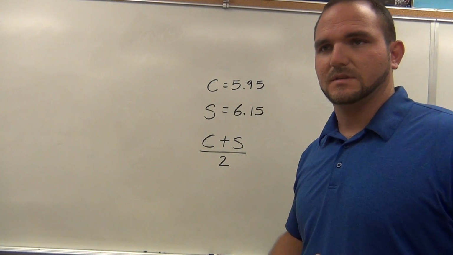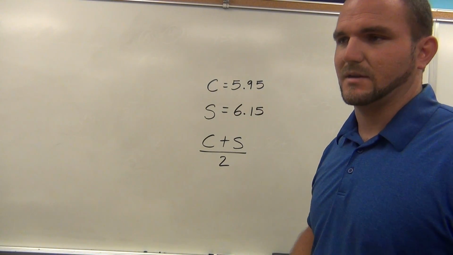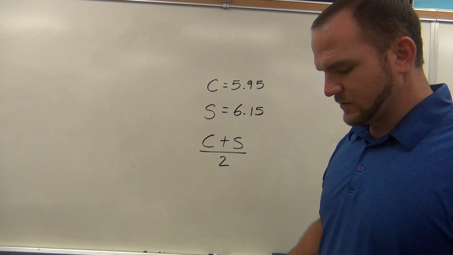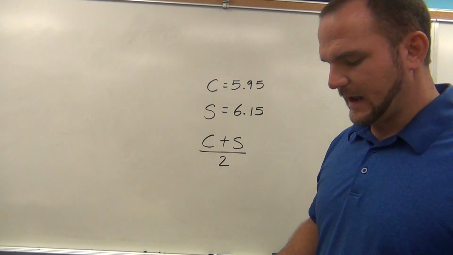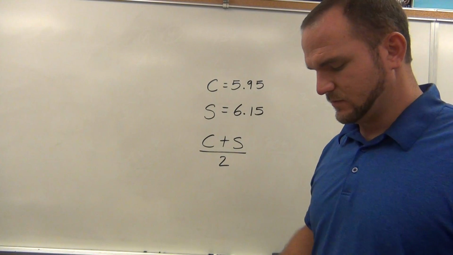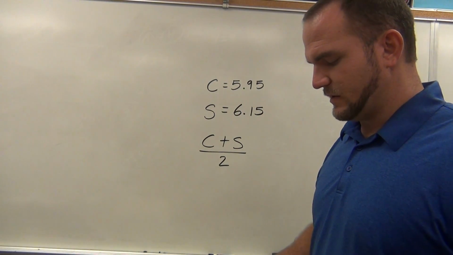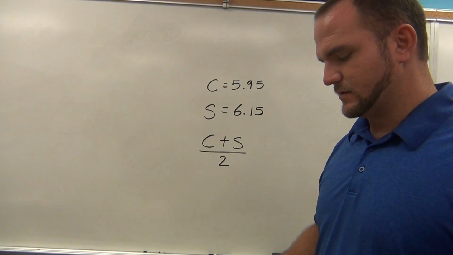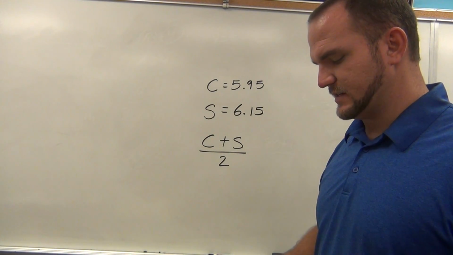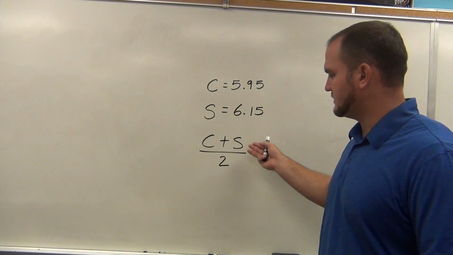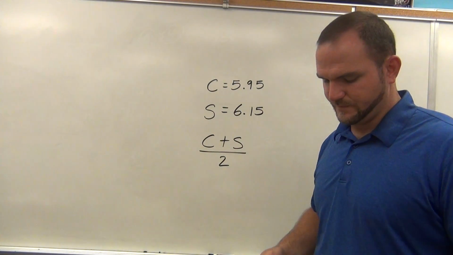That's a supplier, kind of like a manufacturer or a distributor. Half come from the other supplier at a cost of S, which is $6.15. So the average cost in dollars of a t-shirt is given by the expression C plus S divided by 2.